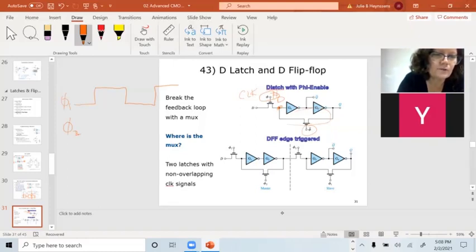So phi 2 is going to almost look like not phi 1, but it's got to cut off before phi 2 comes on. There's this tiny little gap of time in between there. And then it stays low, and it's got to stay low until after phi 1 comes down. So there's another tiny little gap of time in between there. And these are non-overlapping clocks.